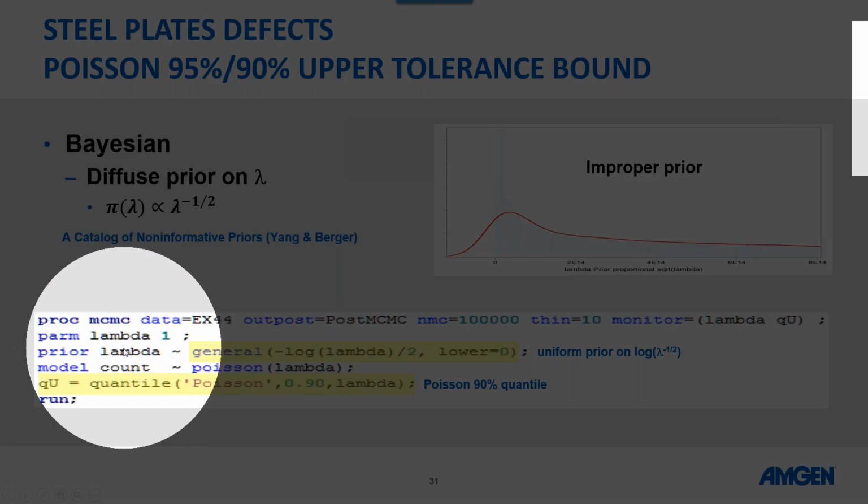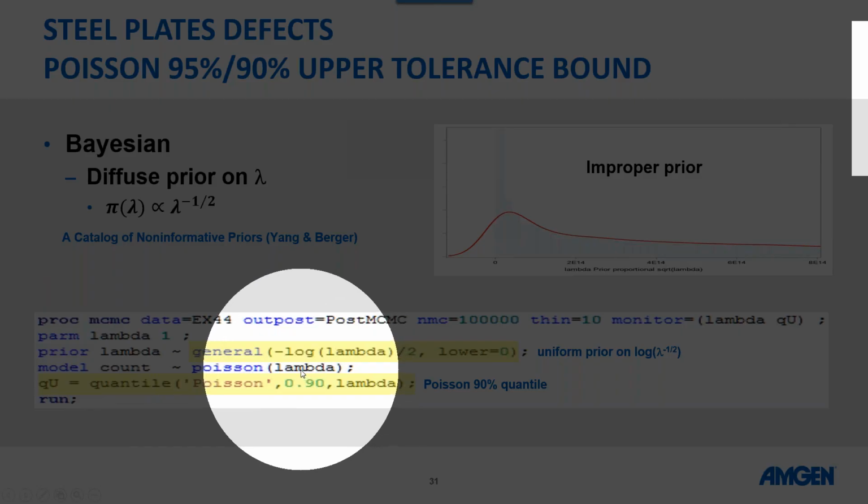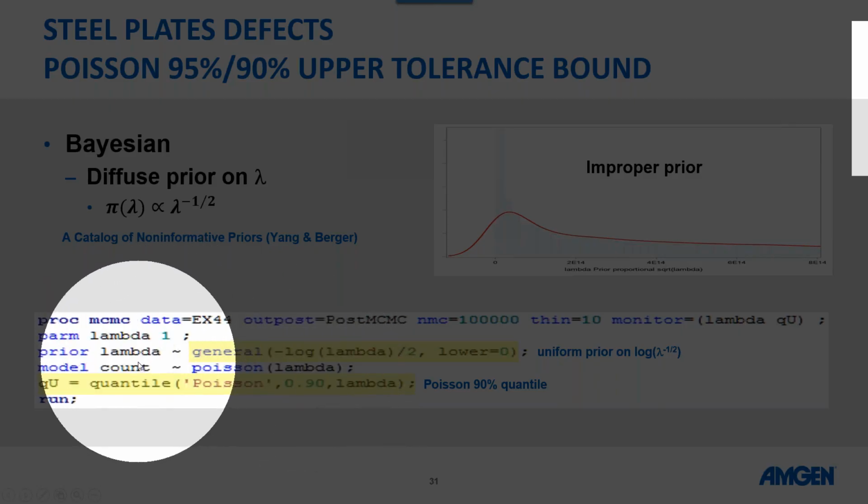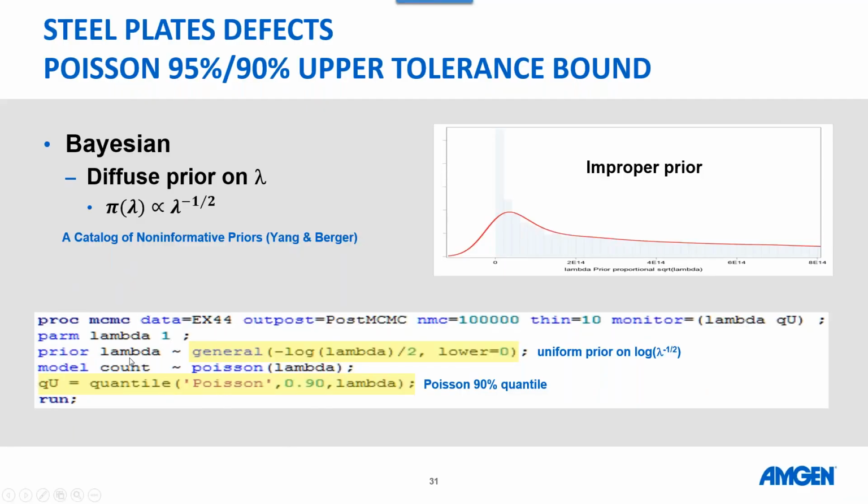This is the lambda in the Poisson likelihood parameter, and then the lambda in the prior. The general function is negative log of lambda over 2. That just means evaluation of the prior on the log scale. The diffuse prior on lambda is pi of lambda proportional to lambda to the negative half. So it's the same thing. Given a lambda value, it's the corresponding prior evaluation on the log scale.